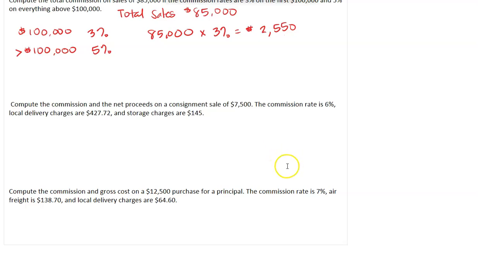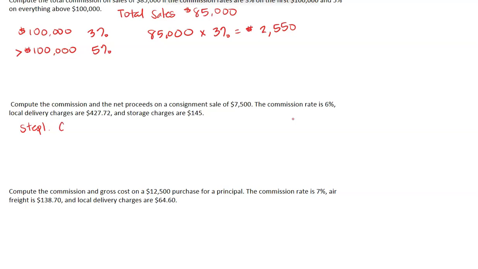Okay, the next thing we're going to do is to calculate not just commission, but the net proceeds, and say that there's a consignment sale of $7,500 with a commission rate of 6%. Then we're also given some delivery charges and storage charges. Okay, so the first thing I want to do is to calculate the commission amount.